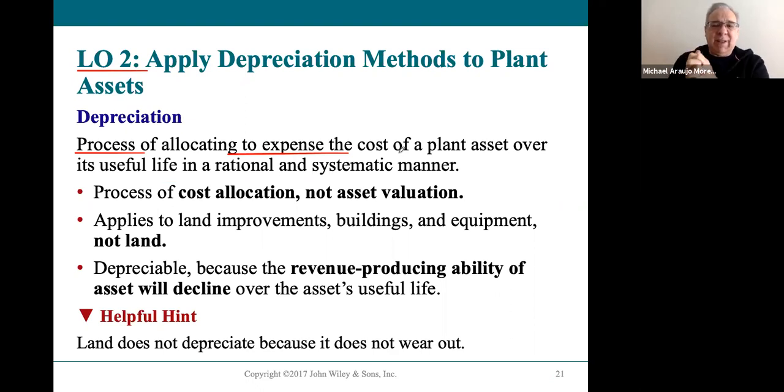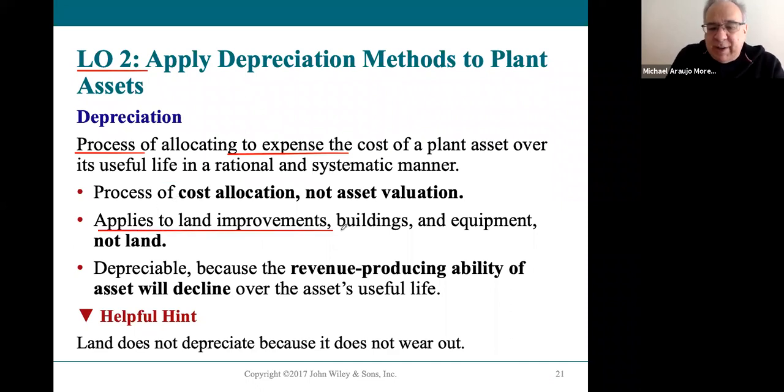We have to match the expense with the revenue. If I didn't cook my pizzas, I couldn't sell them. So that pizza oven is directly related to me selling my pizza, and thus I can depreciate my pizza oven. It's part of my expenses for that month because it helped me generate revenue. And so this is basically what depreciation is about.